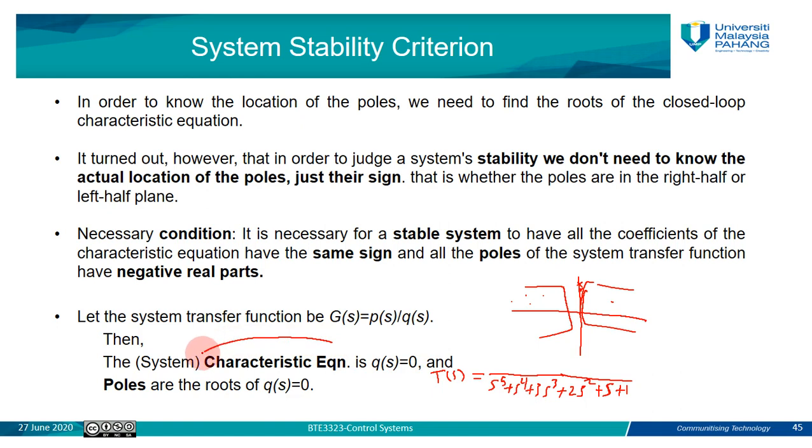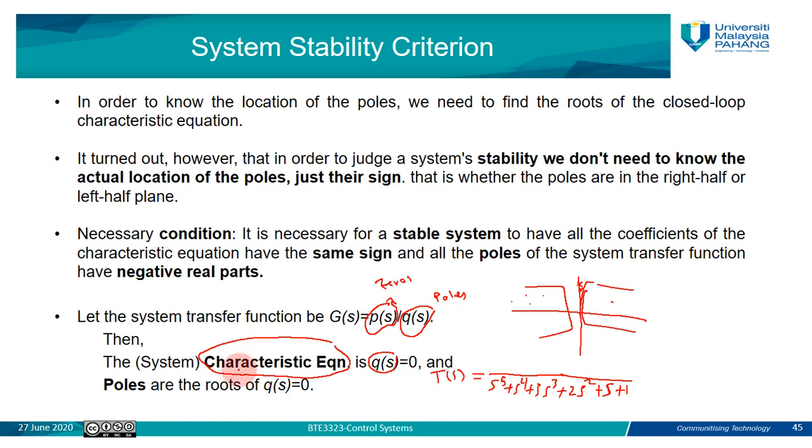Q(s) represents the denominator of your transfer function. B(s) is responsible for zeros, and this one is responsible for poles. Sorry, this one for zeros.